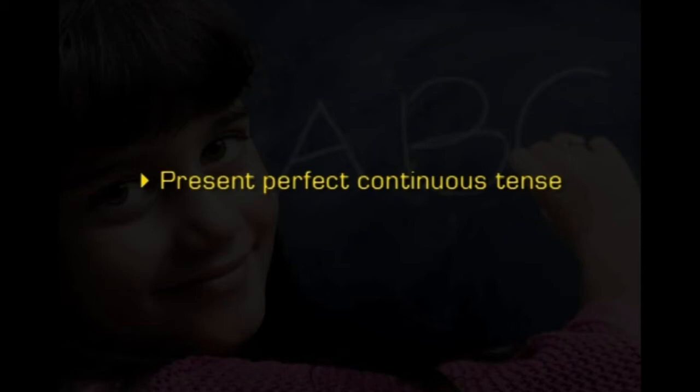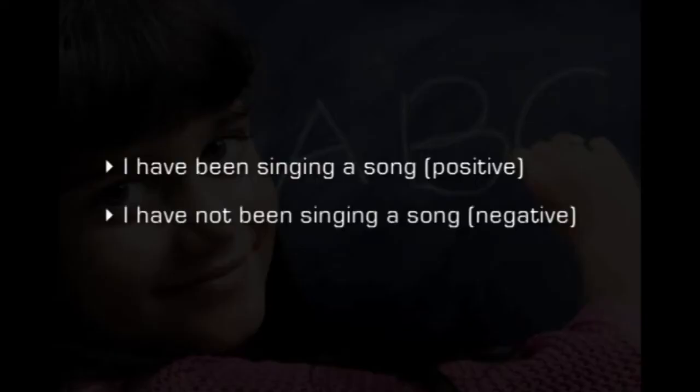Present perfect continuous tense also has 6 structures. Number 1, positive structure. I have been singing a song. It's a positive. I have not been singing a song. It's a negative structure. Where have I been singing a song? It's a WH question. And have I been singing a song is yes or no question.